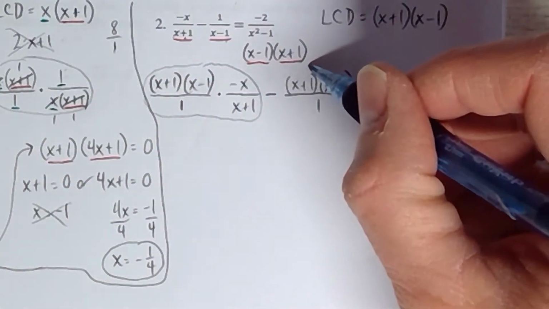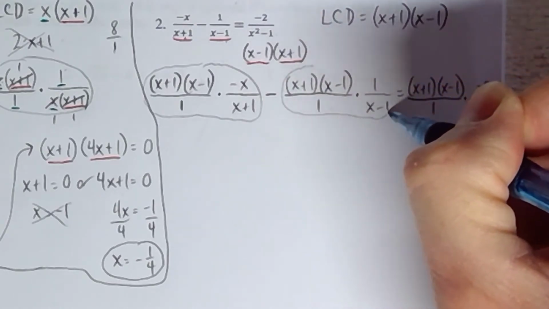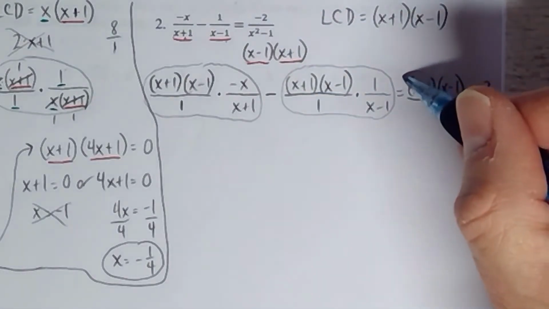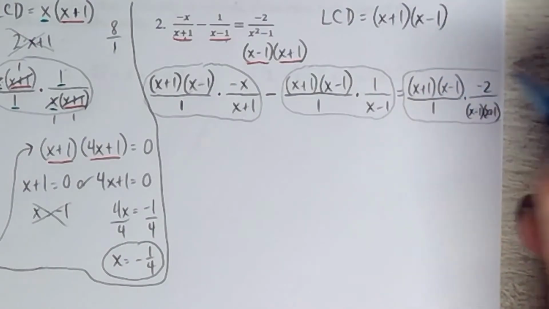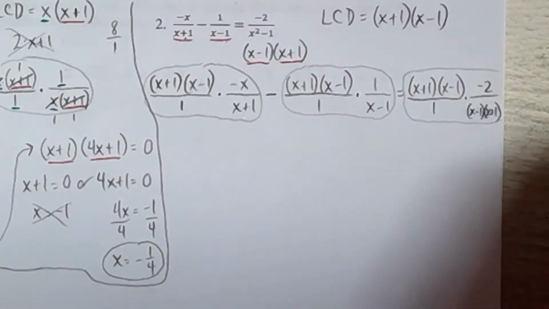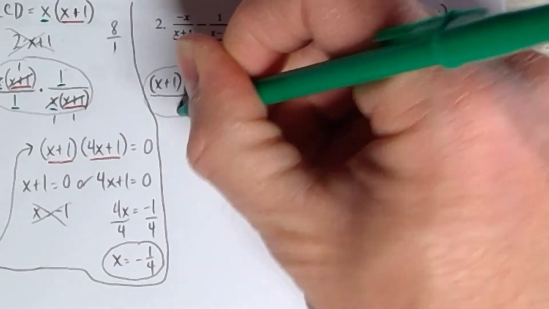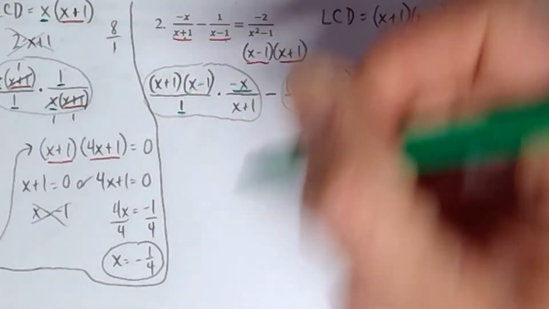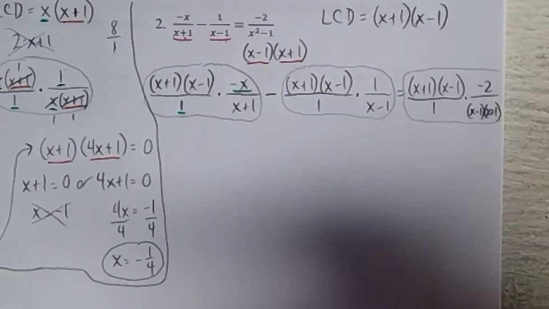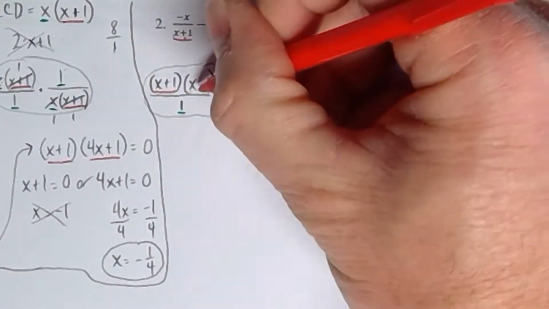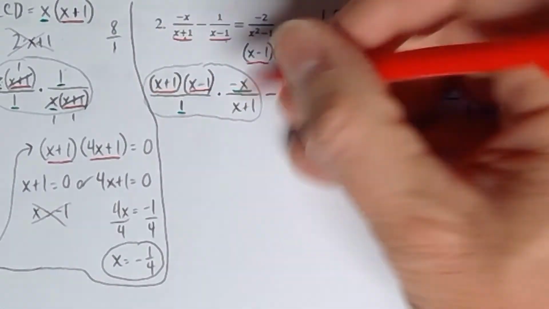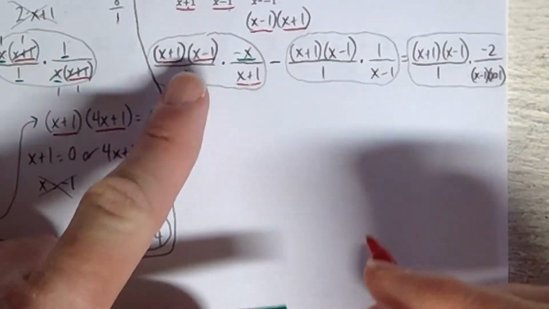Let's start taking a look at how to get rid of these fractions now, because that's why we're doing the LCD thing. It's so that we can get rid of these fractions. These are green, like I talked about in the last problem when we reviewed that, because they're just single term numerator and denominator. Whenever you have 2 brackets being multiplied together and that's it, that's 2 red ones.